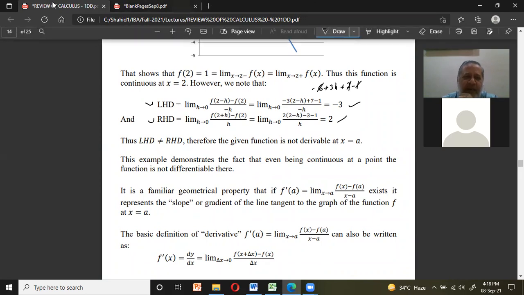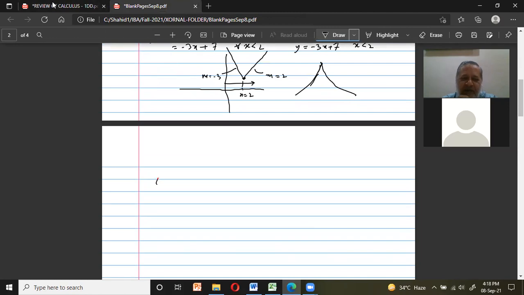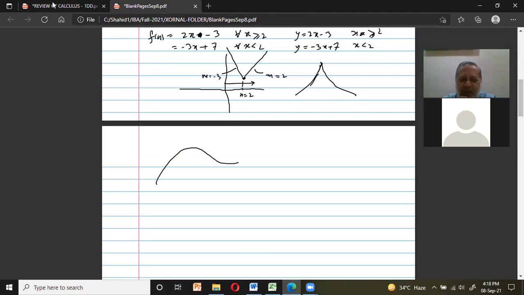That indicates a special property of graphs, wherever the graphs are connected and smooth without sudden change of the tangent line. The tangent line here can be drawn like this, like this, like this.